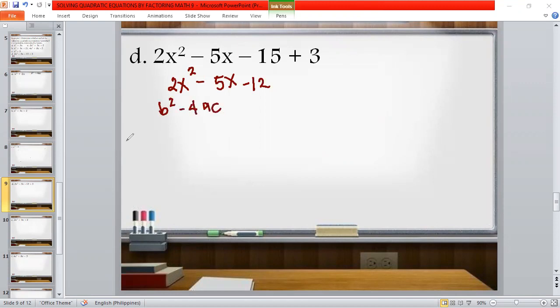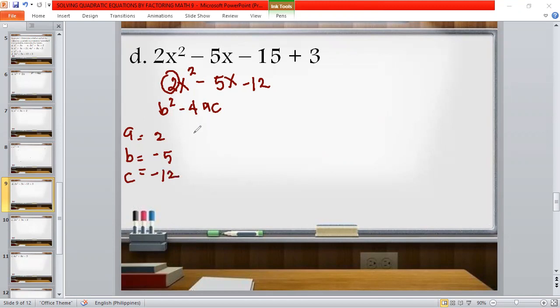Okay, so now let's identify the values of a, b, and c. The value of a is 2. The value of b is negative 5. And the value of c is negative 12.